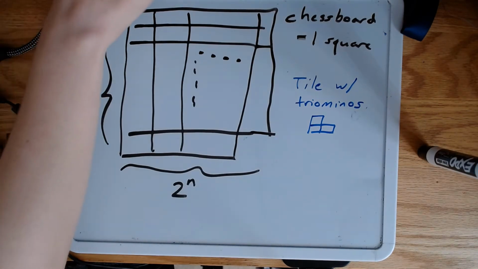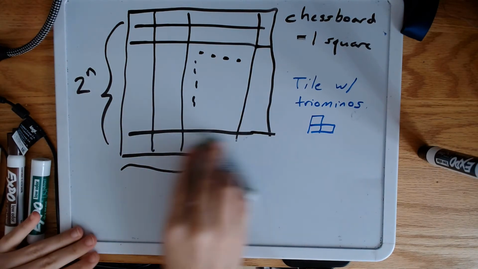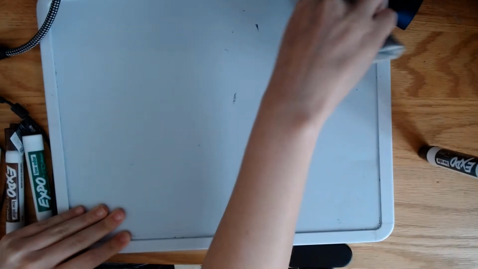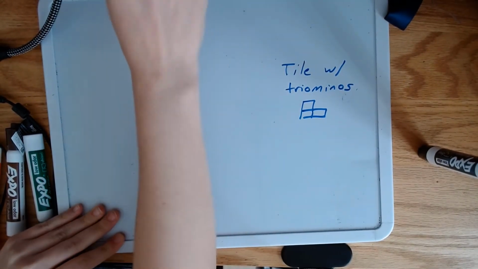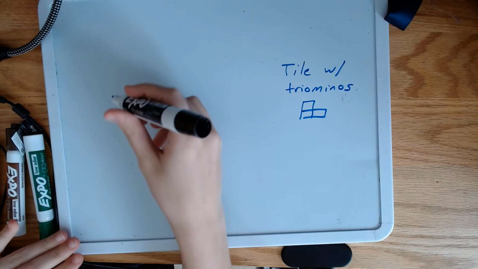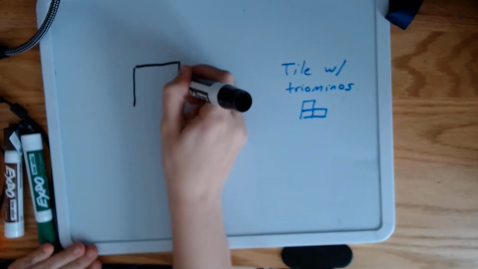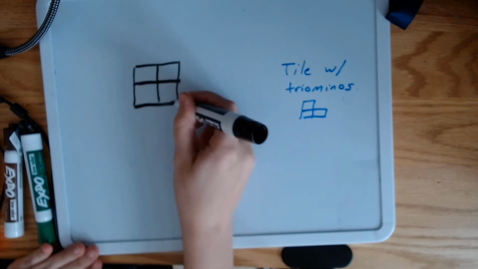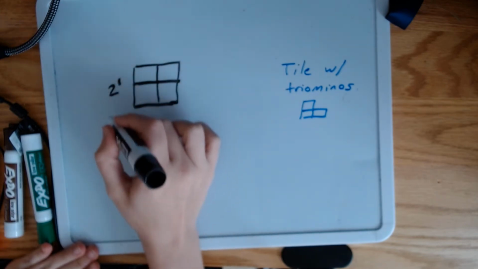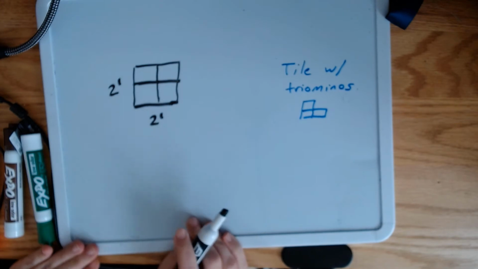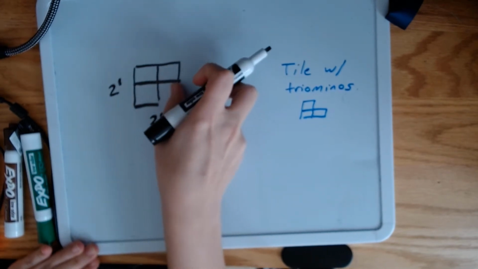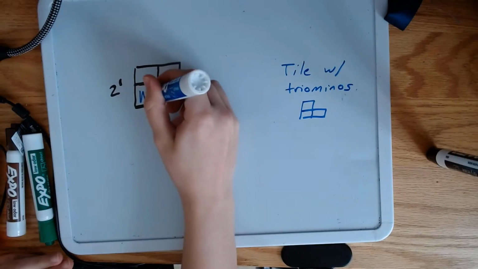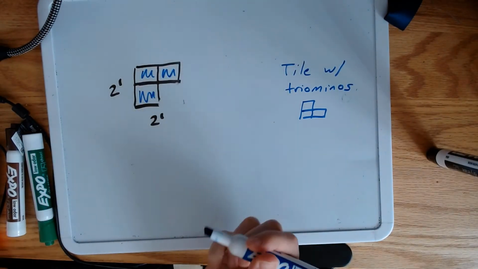So let's look at the smallest possible case. The smallest chessboard we could have here is 2 to the 1 by 2 to the 1. If we get rid of one square, like that, then it exactly matches the triomino.